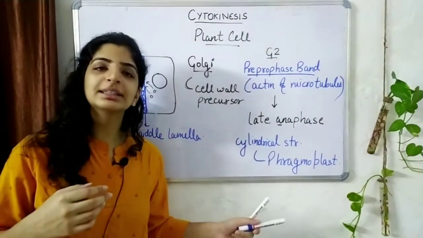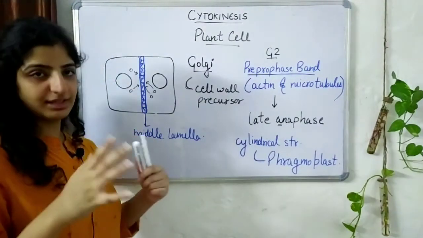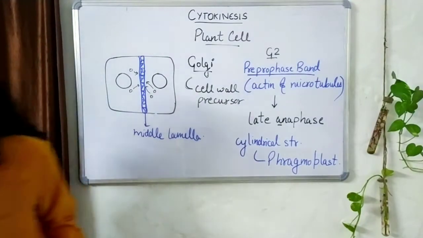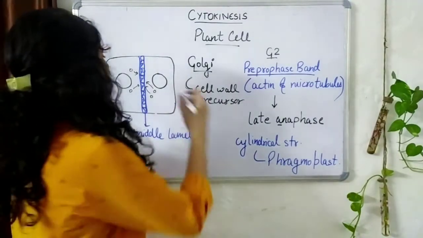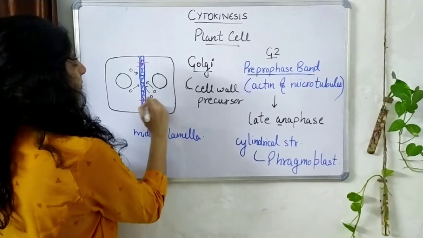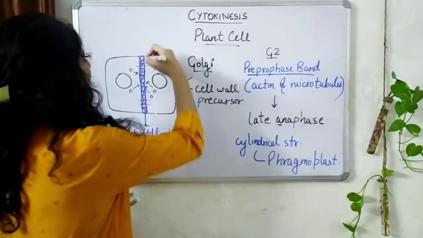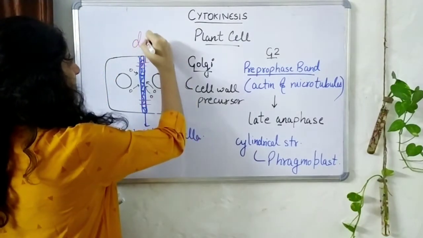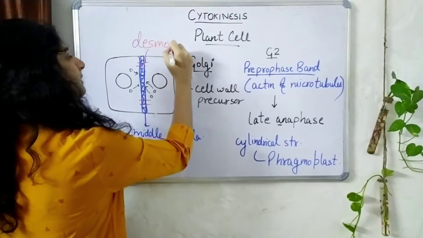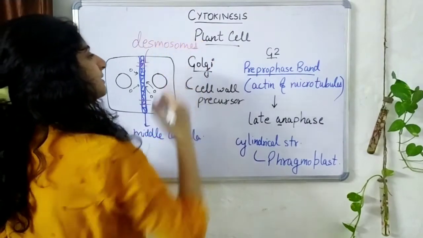As in the plant cell, some of the endoplasmic reticulum may be present in the middle region, and they will form connections between the two cells, and here in plant cells, those are known as desmosomes.